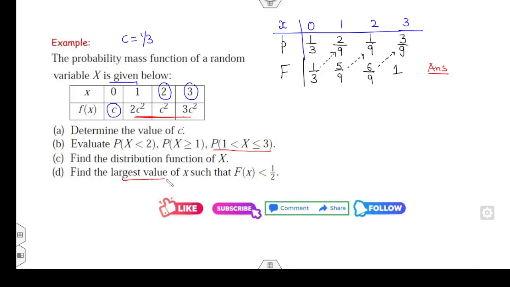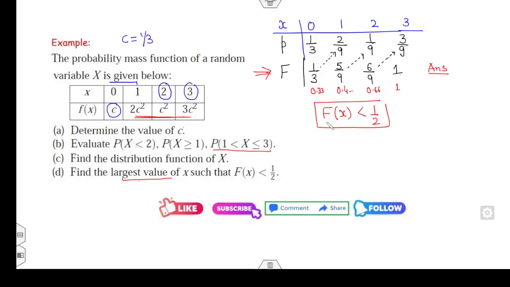Find the largest value of X so that F of X is less than half. Now it's the largest value, so look at the CDF. The values are 0.33, 0.55, 0.66, and 1.